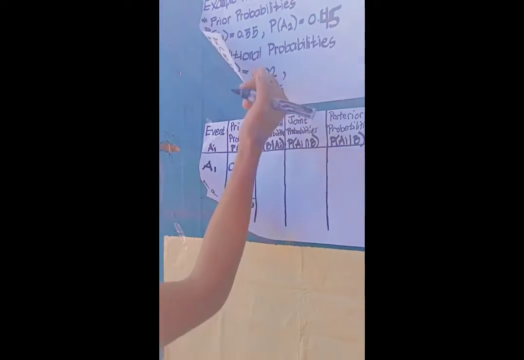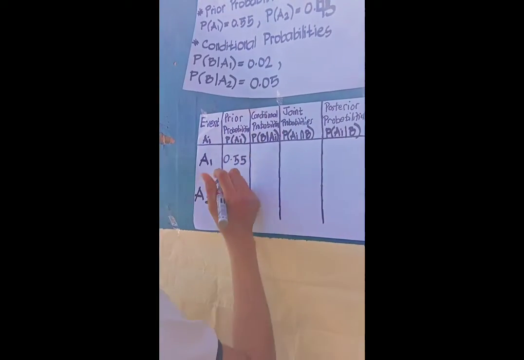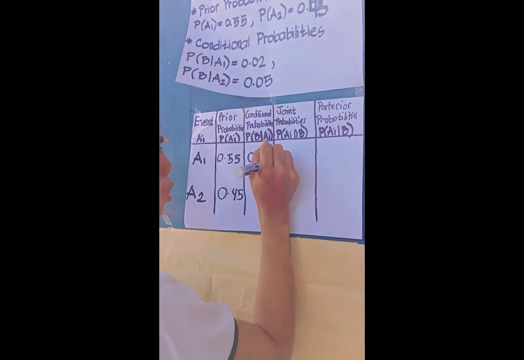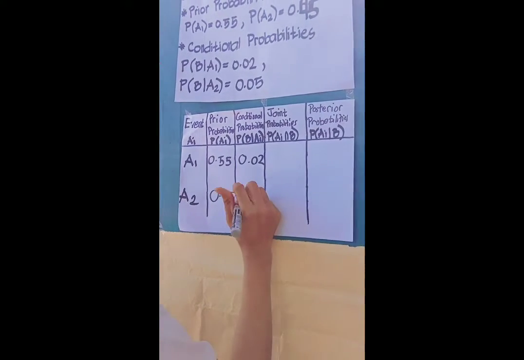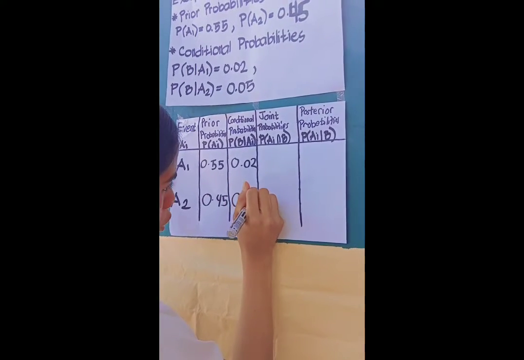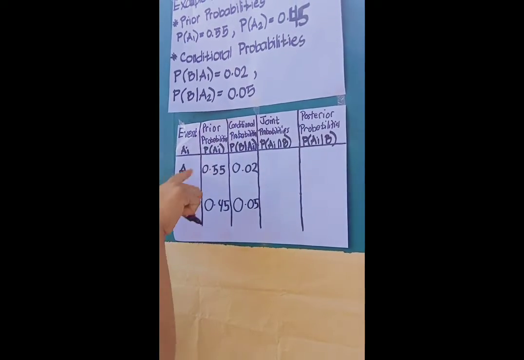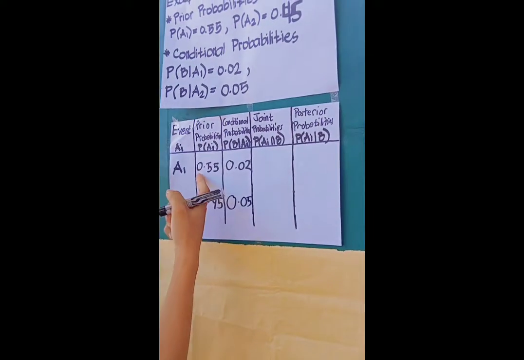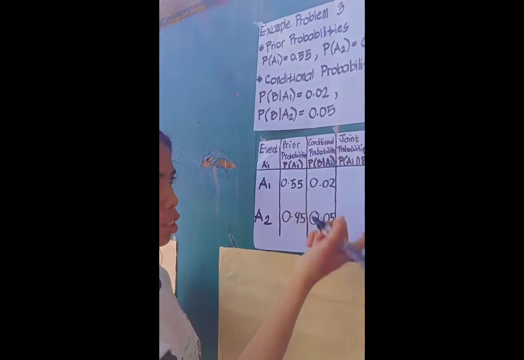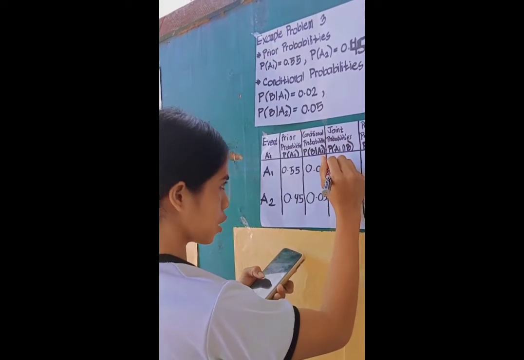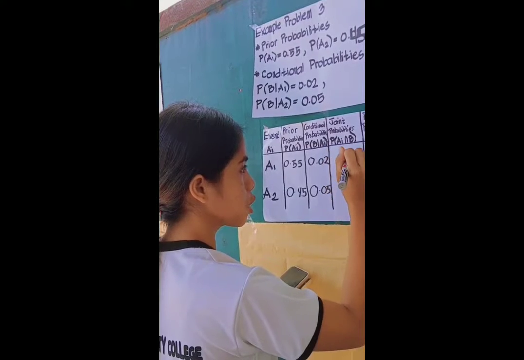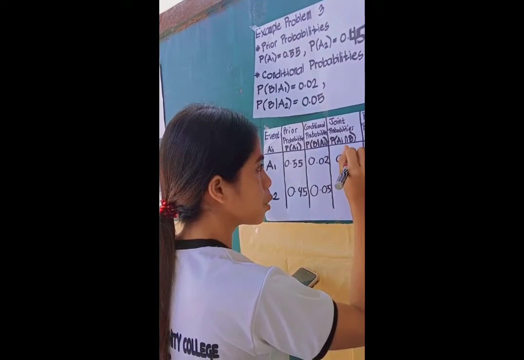And also the conditional probabilities, 0.02 and A sub 2, 0.05. To get the joint probabilities, we multiply the prior probability to the conditional probability, and the result is 0.011.